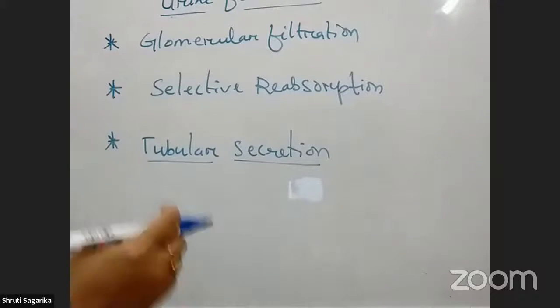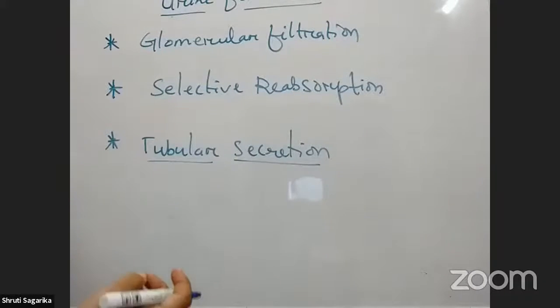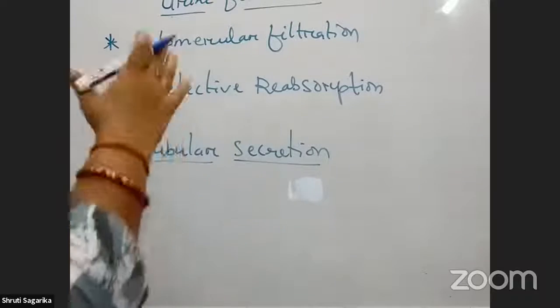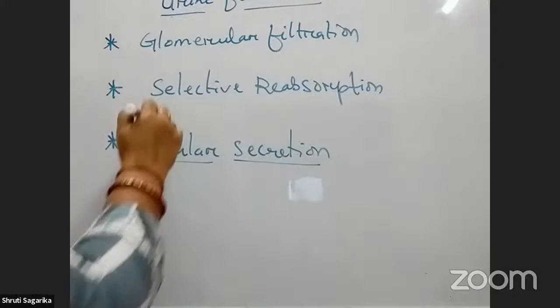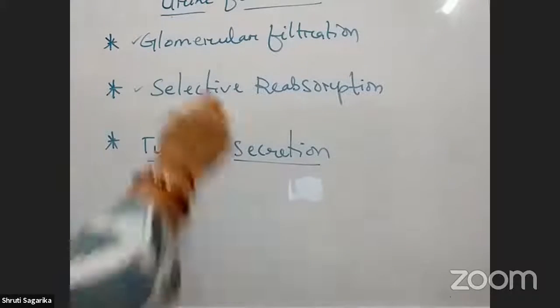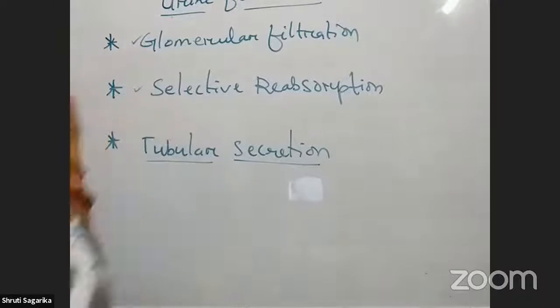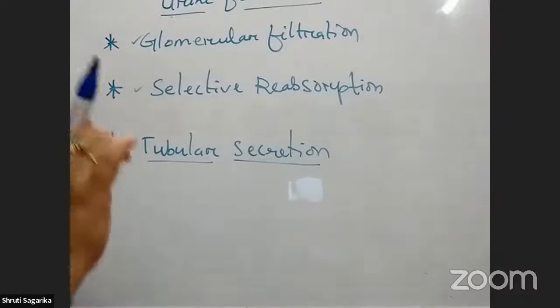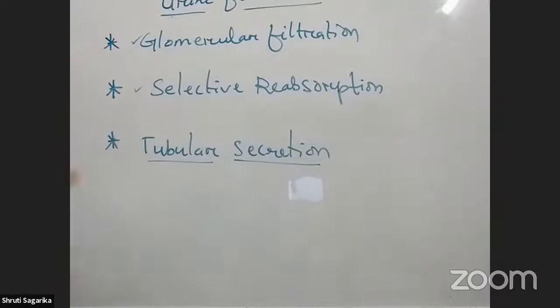But for mammals, who don't come in that category, glomerular filtration and selective reabsorption are the major parts. So tubular secretion for us is a very small, minor process.